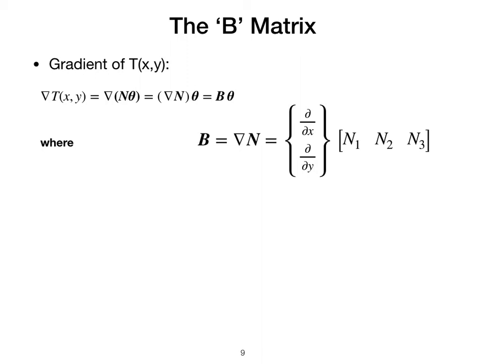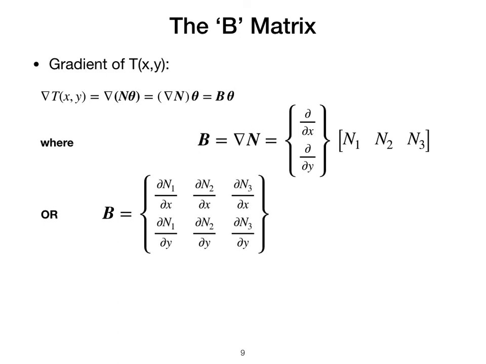Following the conventions we have already followed in the class, B can be given as a matrix in the form of derivatives of the shape functions.